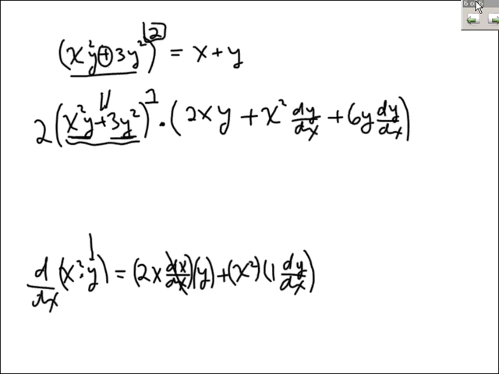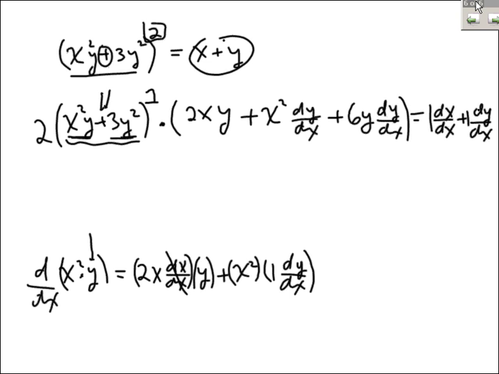That's the derivative of what's inside the brackets. And this equals the derivative of the right-hand side. The derivative of x is 1. It's in terms of x with respect to x. Plus the derivative of y, which is dy/dx, and y is in terms of y with respect to x.